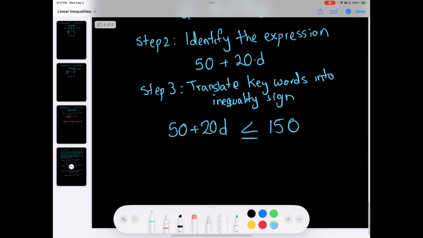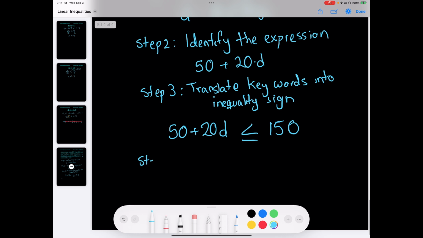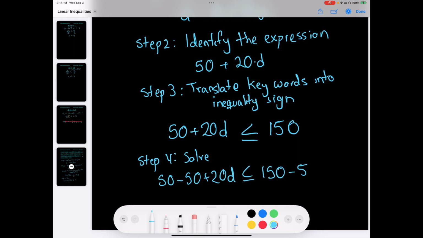And then once we have our expression, we're going to solve for it. So just like we did before, we have to isolate D. We're going to subtract 50 on both sides. So that gives us 50 minus 50 plus 20D less than or equal to 150 minus 50.